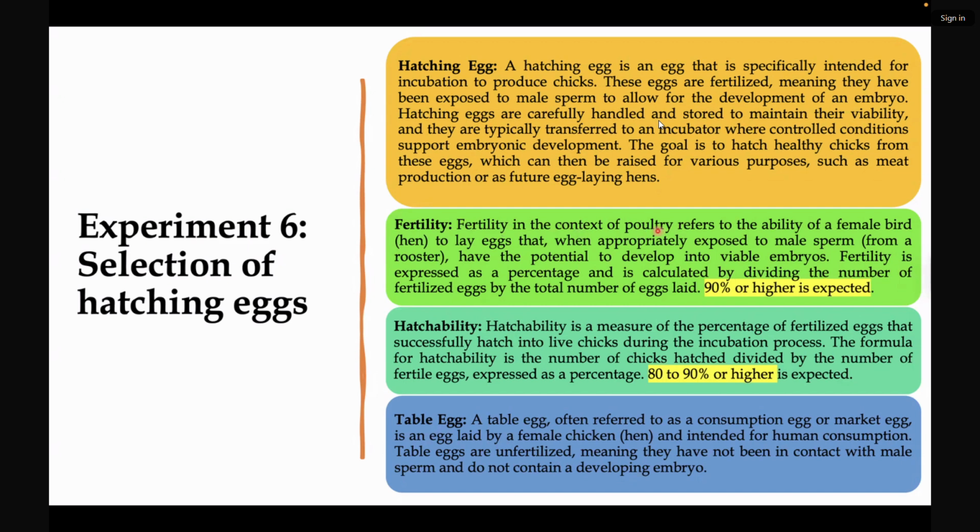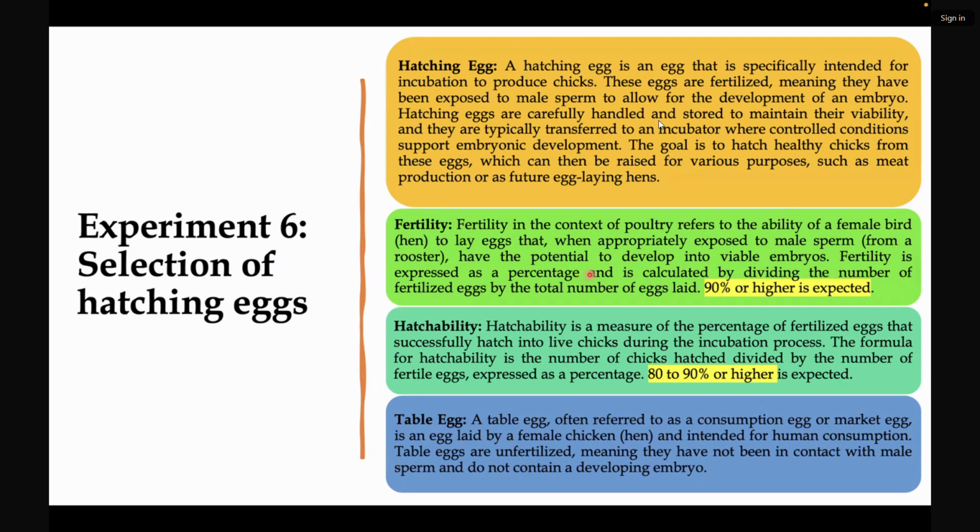Fertility in the context of poultry refers to the ability of a female bird to lay eggs that, when exposed to male sperm, have the potential to develop into viable embryos, অথবা সহজ কথায় নিষিক্ত ডিম। এখন fertility is expressed in percentage. পার্সেন্টেজ এক্সপ্রেস করা হয়। কিসের পার্সেন্টেজ? ফর এক্সাম্পল, the number of eggs produced in a day, একদিনে যতগুলো ডিম প্রডিউস হলো, as for example 1000 eggs in your farm.